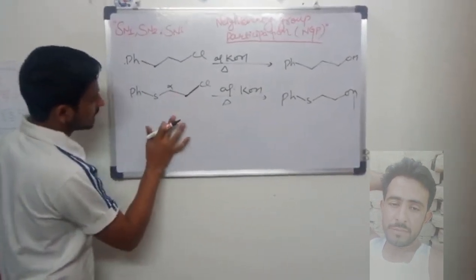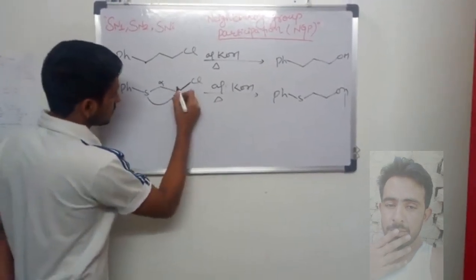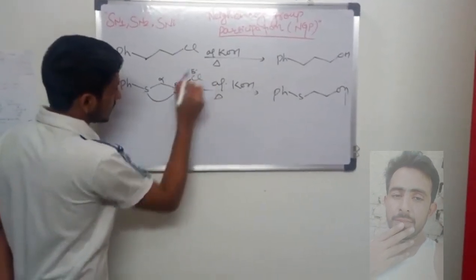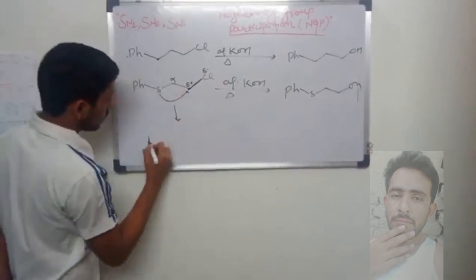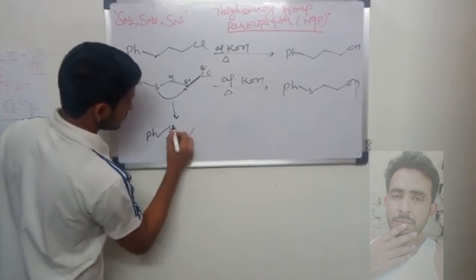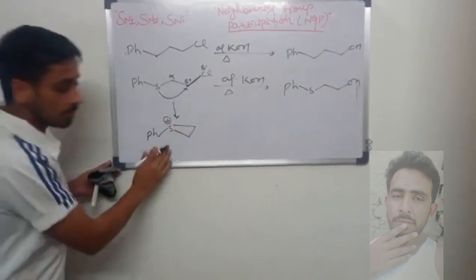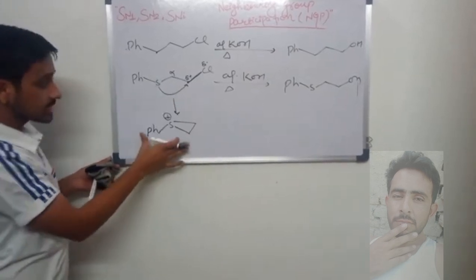So we can say it is a neighboring element which is participating in our reaction. It will attack here because it is partial positive, partial negative, because the electronegativity of chlorine is higher than carbon. So it will form a cyclic intermediate like this one, where sulfur has a positive charge. So this is not a transition state, we can say it is an intermediate.